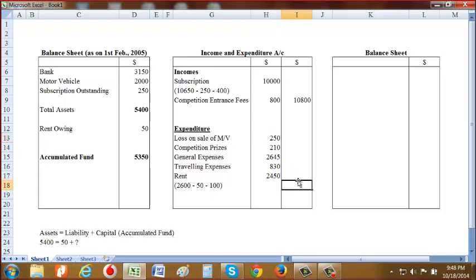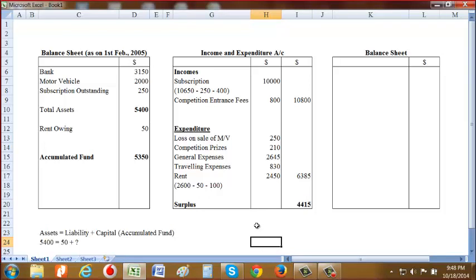Now I am going to make the total of the expenses. So see what will be my total of expenses. The total of expenses is this much. Now from the total of income I will subtract this total of expenditure. So I got a positive answer, and this positive answer will be termed as surplus. Here I will not write net profit. Here I will write surplus, and if there is a loss, I will not write loss, I will write deficit.